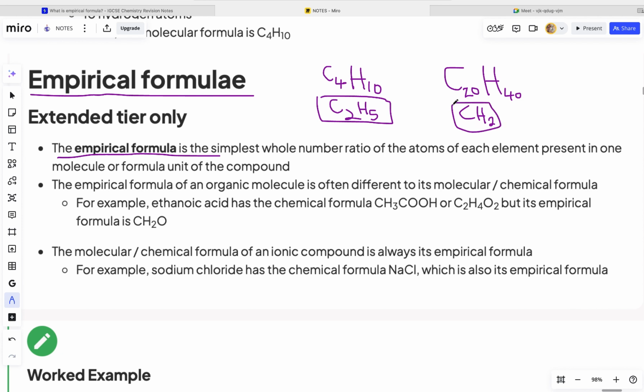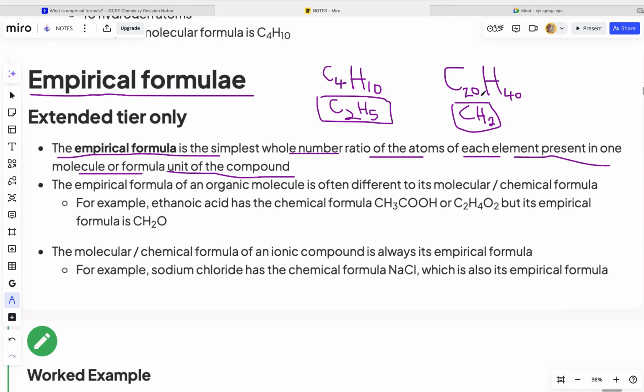So when they say empirical formula, they are talking about the simplest whole number ratio of elements present in a molecule or formula unit in a compound. The ratio here is 1 to 2.